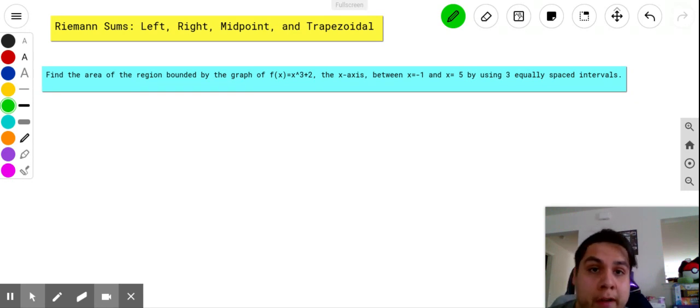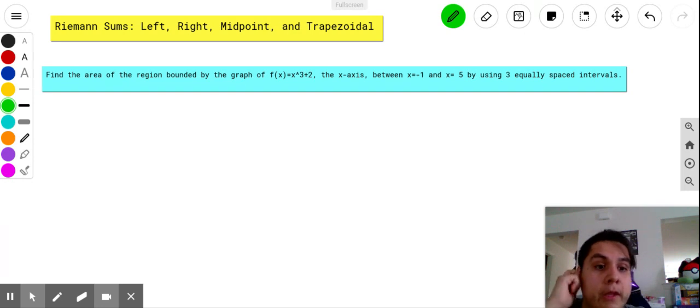So, again, first thing I just want to make sure you guys understand is that you're trying to estimate the area under the curve, aka you're estimating what the definite integral is. And we call it definite integral because we are starting at x equals negative 1, going to x equals 5, and we're trying to estimate the area underneath that curve.